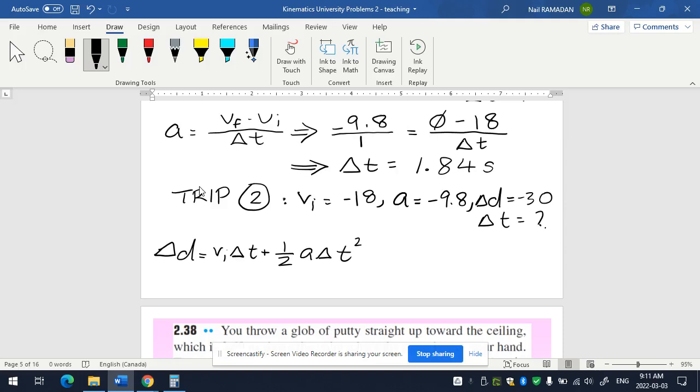Okay. How do we do this? Yeah, well, who sees a problem with this? Wadah, go ahead. Okay, because in that trip, everything is going down. The velocity is going down, the displacement is going down, and the acceleration is pointing down.